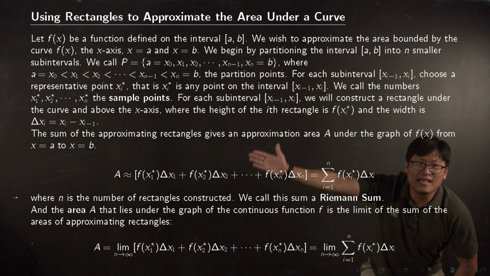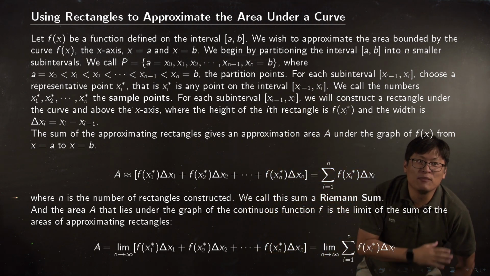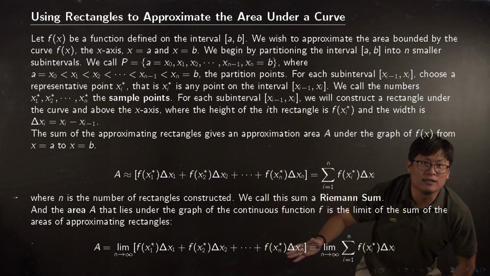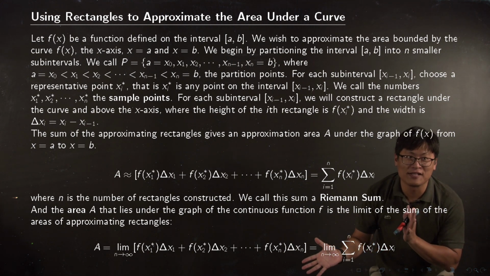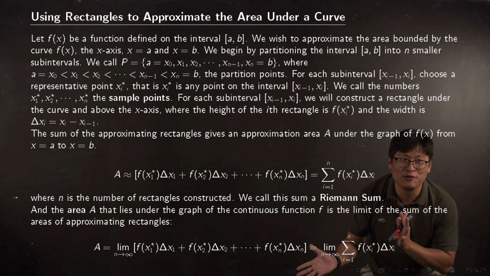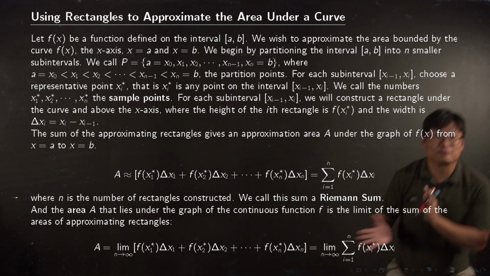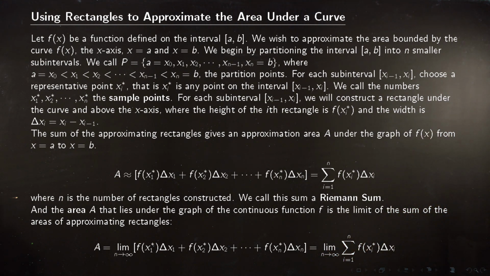And all this is the statement about how we can use rectangles to approximate the area under the curve. So you can try to read it by yourself. Let me give you like 10 seconds. Read it from top to bottom.